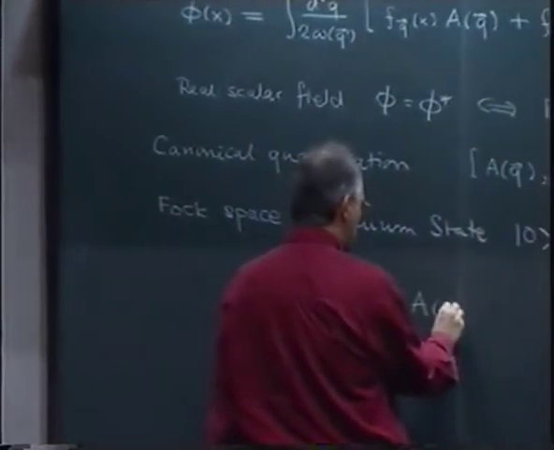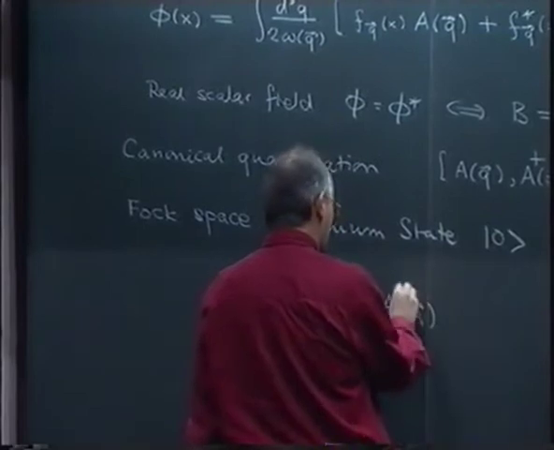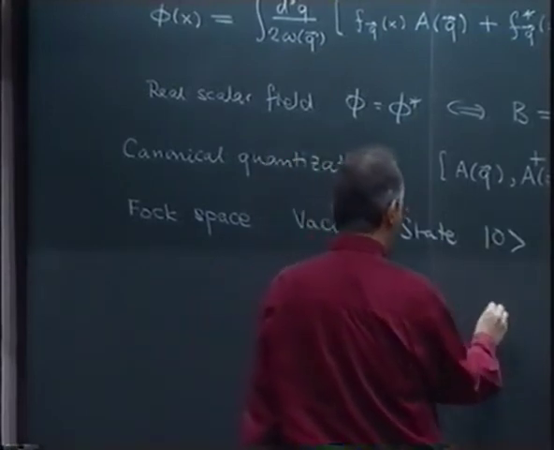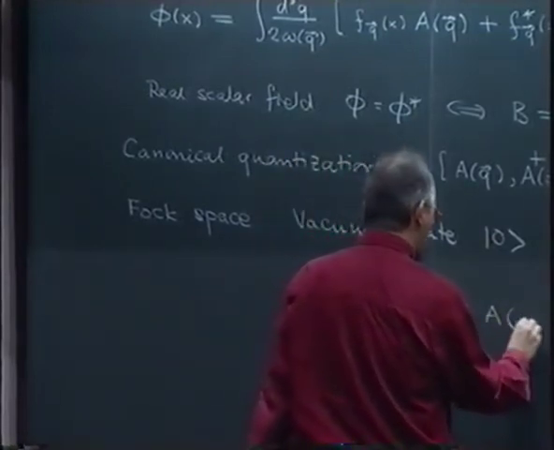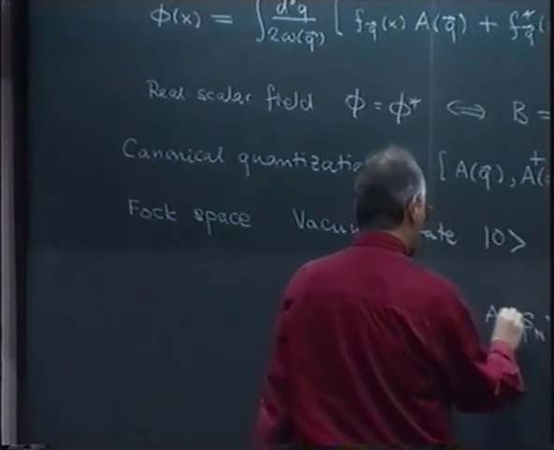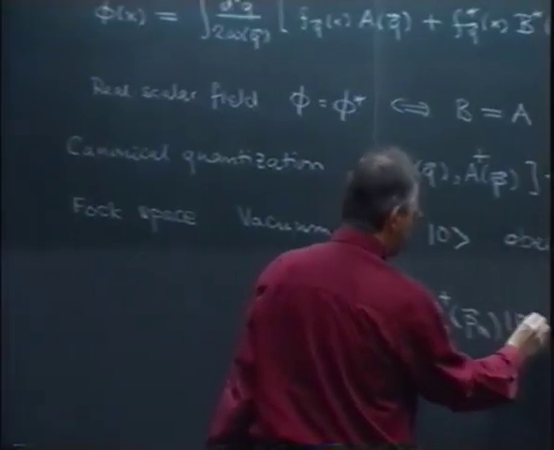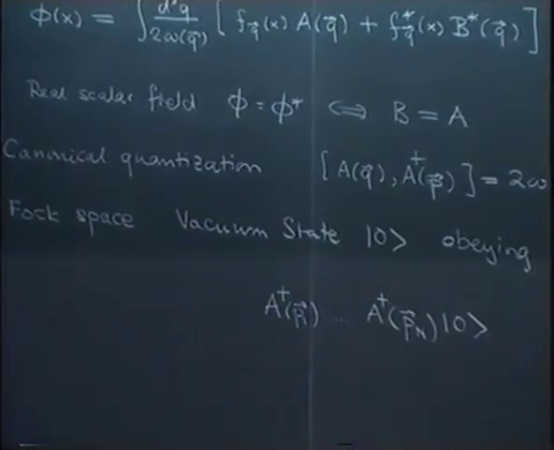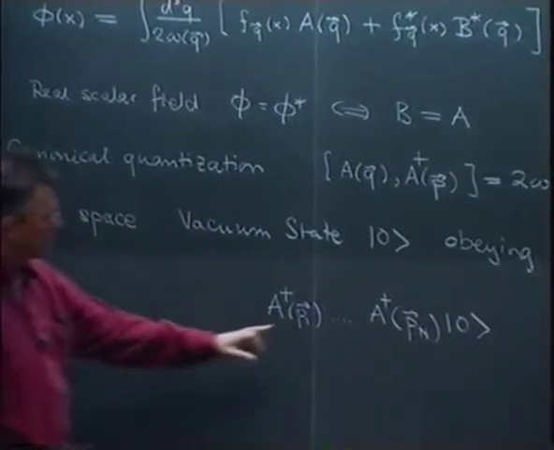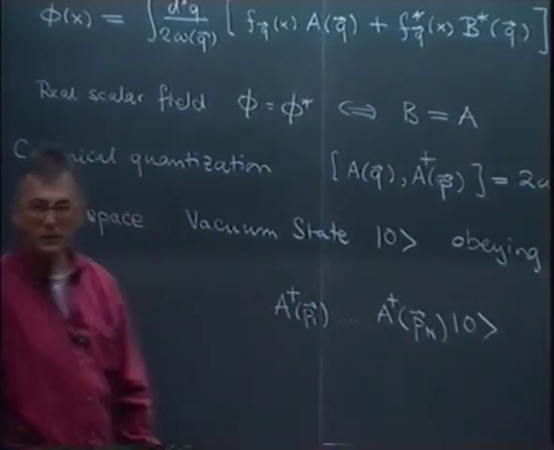So you can think about an n-particle state by acting with n creation operators, p1 to pn, on the vacuum. So this state would have n particles in it with momenta p1 to pn.